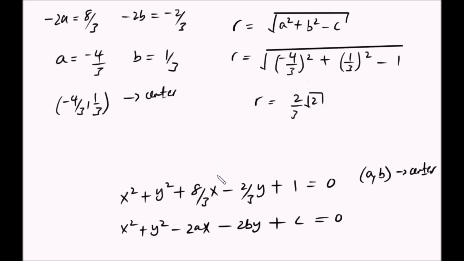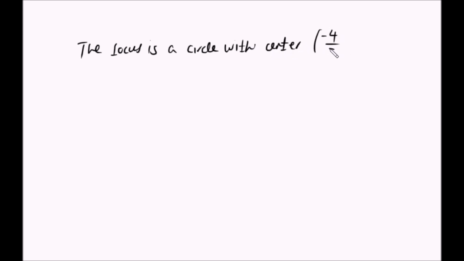So it means that we can say that the locus is a circle with the center negative 4 over 3, 1 over 3, and radius 2 over 3 the square root of 2.